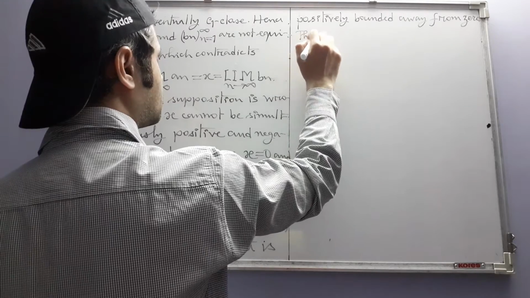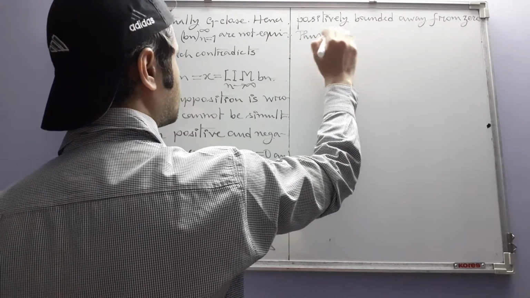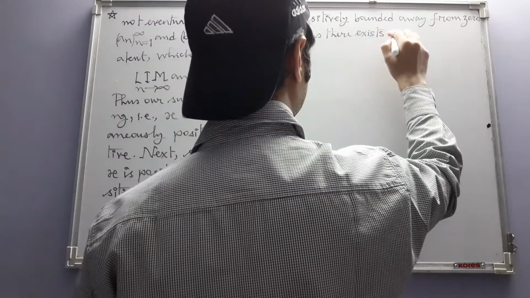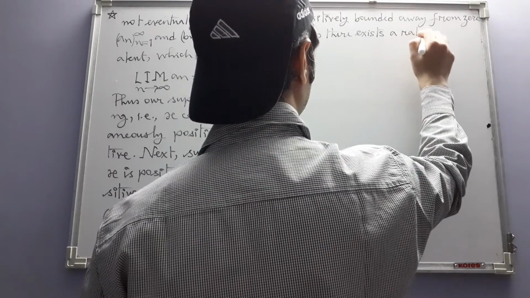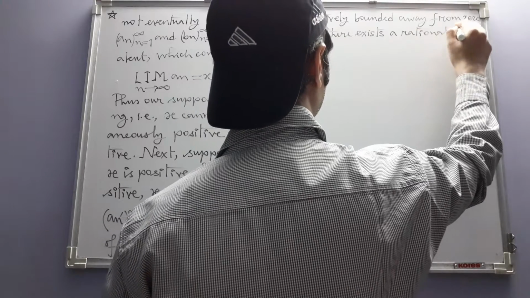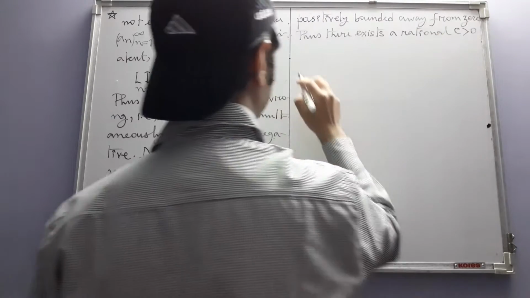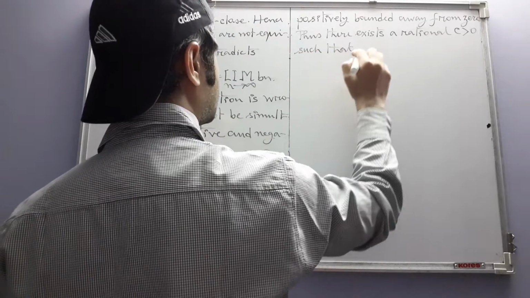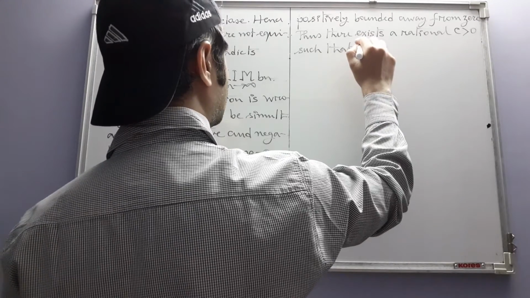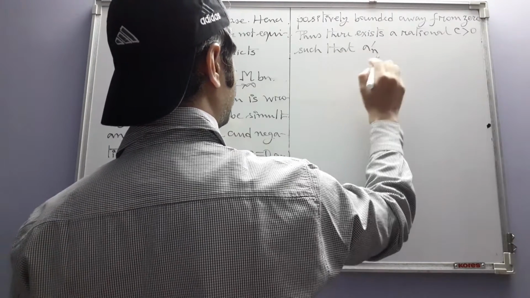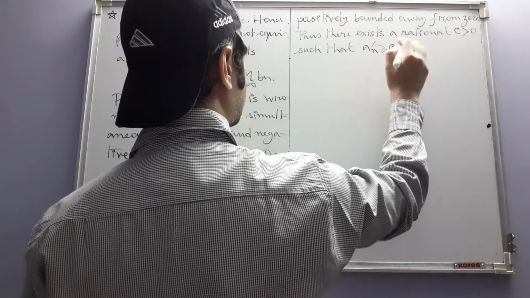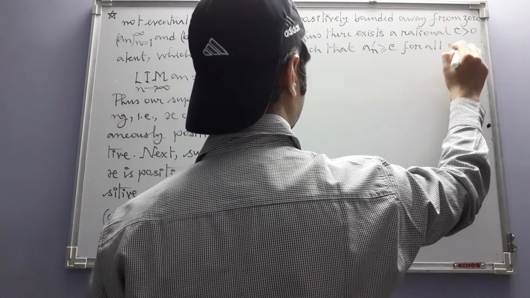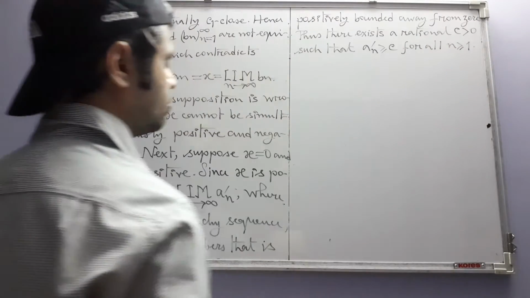Thus, there exists a rational C greater than 0 such that an prime is greater than or equal to C for all n greater than or equal to 1.